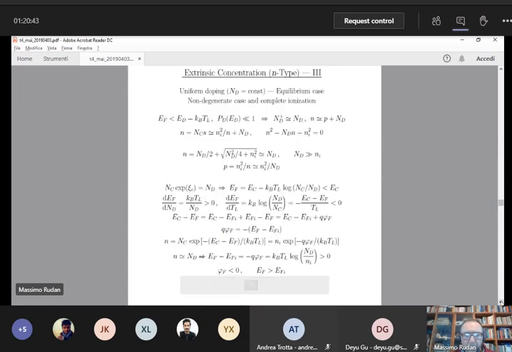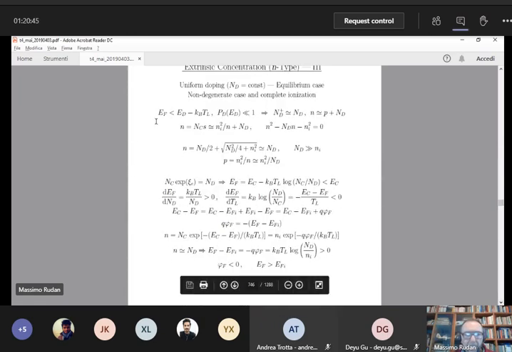Conclusion: if this stronger condition occurs, this condition is called complete ionization, whereas the other one, as you remember, is called the non-degenerate case. If we have complete ionization, then Nd plus becomes equal to Nd.